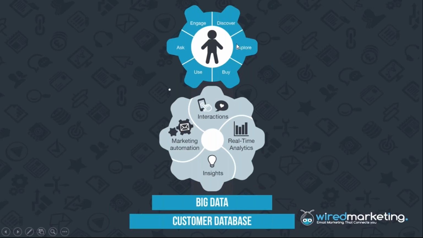So are they buying, are they exploring, discovering, engaging with us, what are they asking, what are they using? So as all this data then feeds into this machine, we're looking at automating it, we're looking at insights, we're looking at real-time analytics, we're looking at the interactions, we feed that into the database and then feed all that updated information back into the system and keep that cycle looping through.